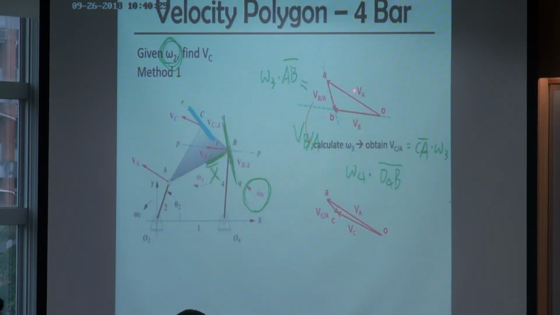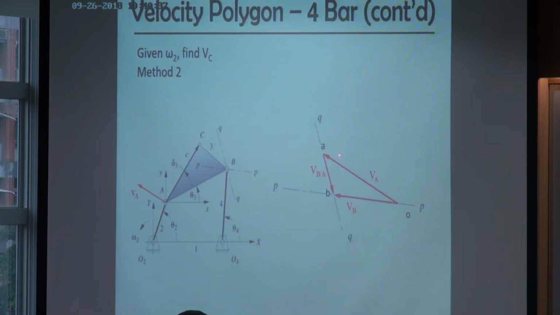In the previous plot, we drew VB and VC in two different plots. In this one, I'm going to draw everything in a single plot. We still find VB first instead of VC, so the procedure is the same as the previous one.